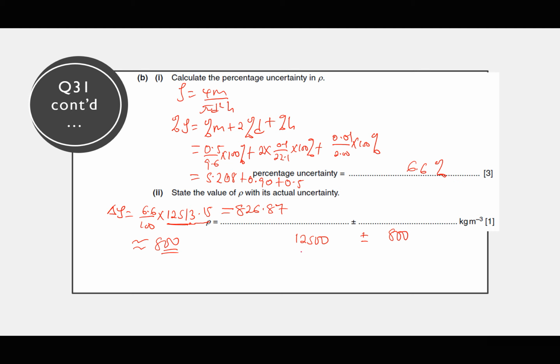So this will be the true value of the density with its absolute uncertainty. Okay, you can always cross-check. My pressing of the calculator may not be absolute, so you can always check.